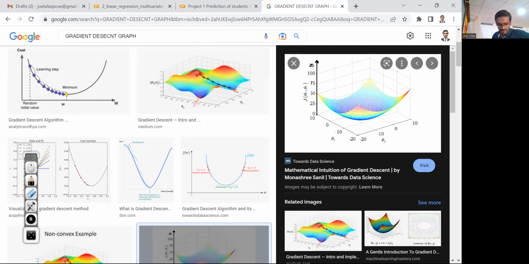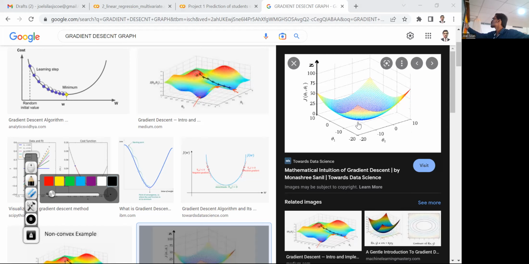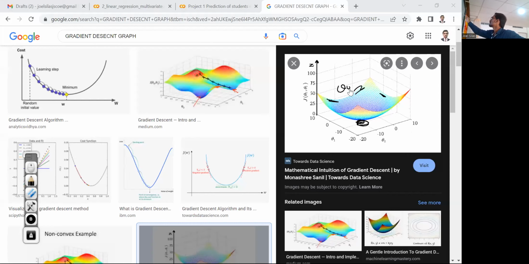Now, how does gradient descent help to reach this minimum point? What is the function of gradient descent? To reduce the cost function, meaning to find the minimum cost or the minimum error, to come to this global minimum point. So for whichever values of theta 0 and theta 1 you currently have, how can you reach the global optimum?